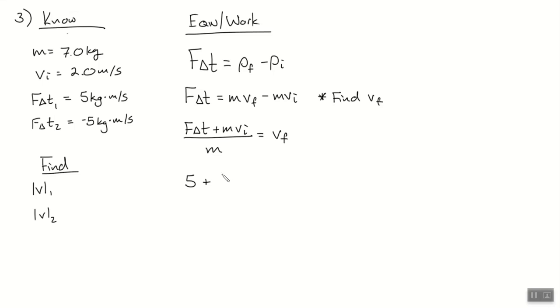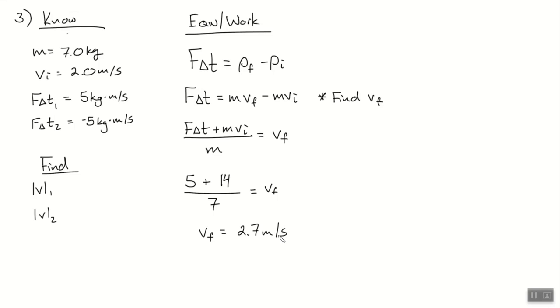Anybody opposed to me just writing 14? Because 2 times 7. Okay, over, what was the mass again? 7. I think I can do this. Let's see, 5 plus 14 is 19, divided by 7, gross, 2 point something. 2.7, I'm just going to call it 2.7 meters per second.